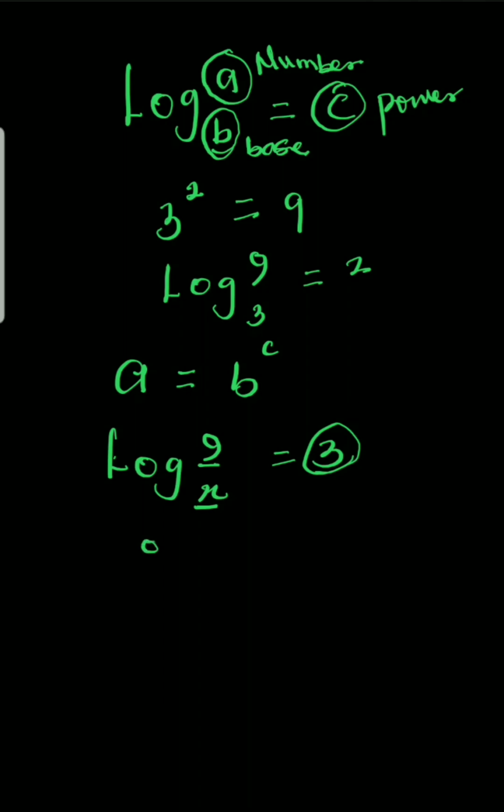And so this becomes 9 equals to the base x raised to the power of 3. And so this is as good as you say you bring this 9 down and then you raise x to the power of 3. You see that? Alright, so that's it. Identify those three components and then you are good to go. Moving from index form to the logarithm form and from the logarithm form down to the index form.